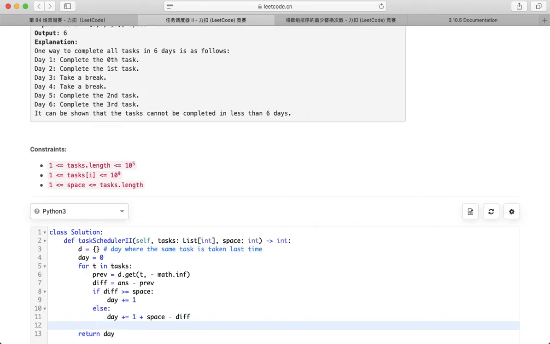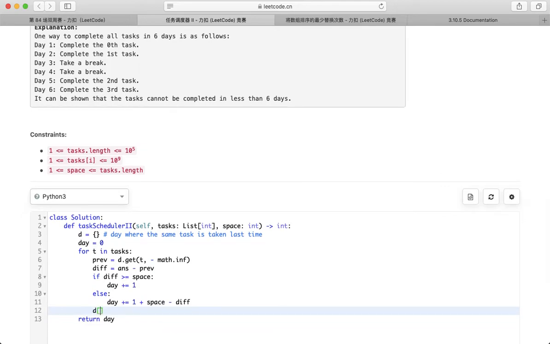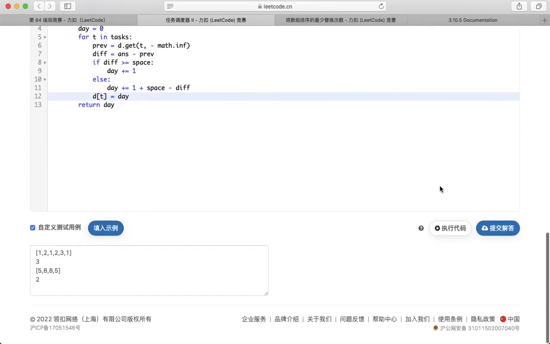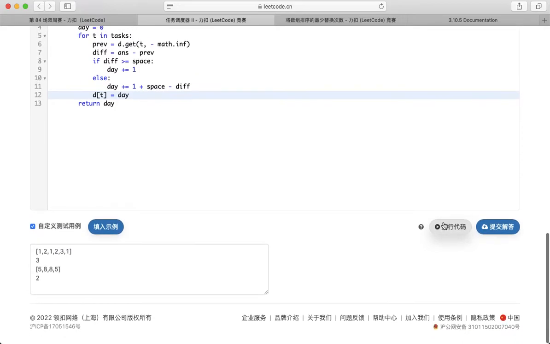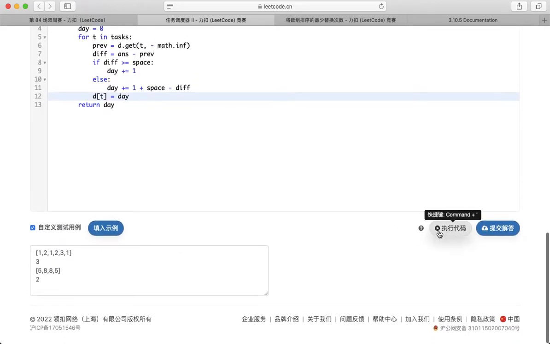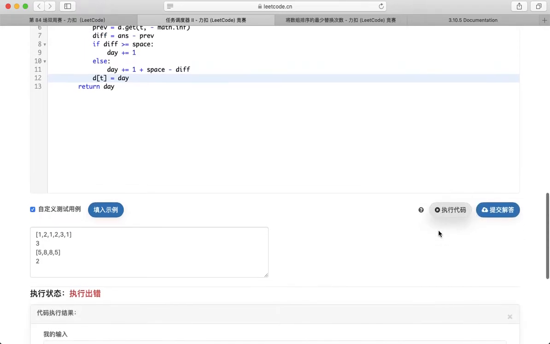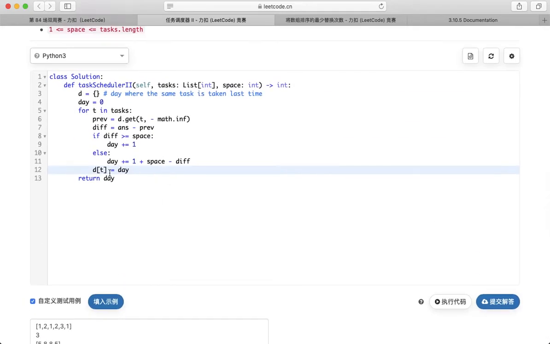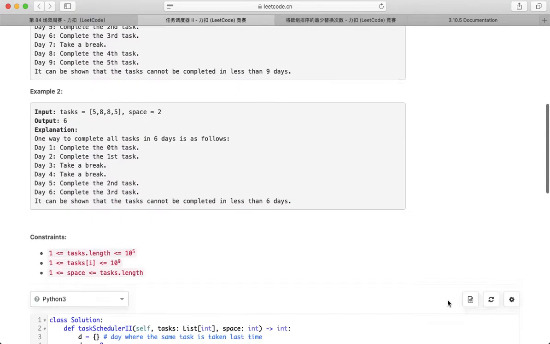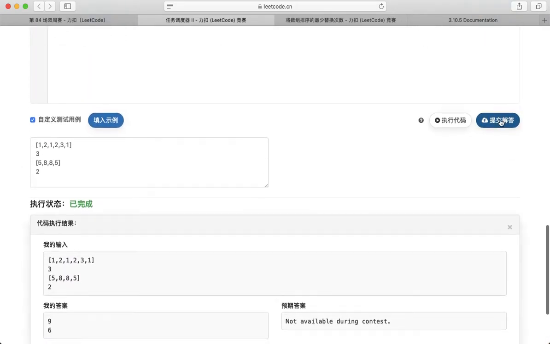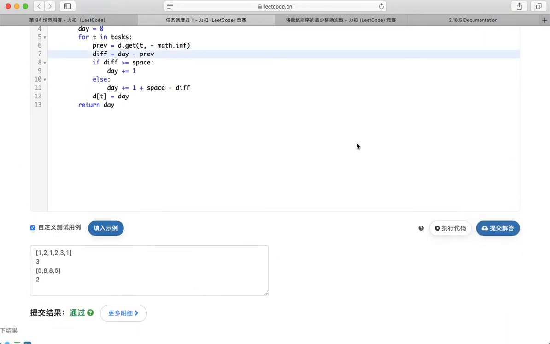And of course, we also need to update it by day. I feel like I'm making some off by one mistake here. Where did I pick? 9, 6. Okay, great.